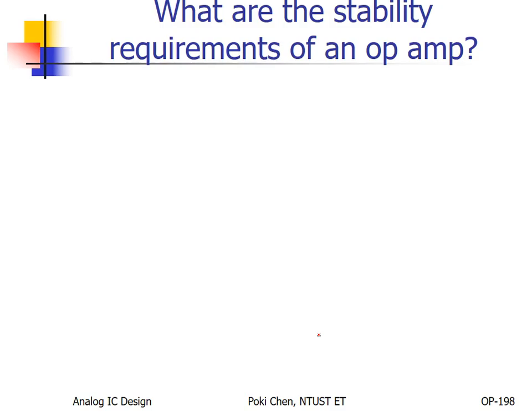Ask yourself, what kind of stability is required for your design? So first of all, from microelectronics all the way to all the texts, all the Bibles for analog IC design, they always teach you, you need to design a stable op-amp. So we even apply Miller compensation to stabilize your op-amp.